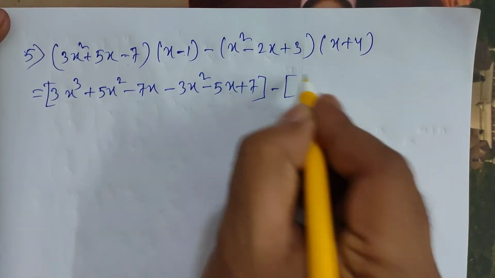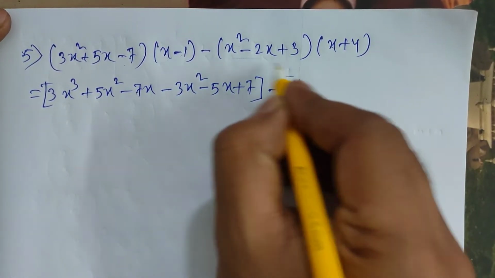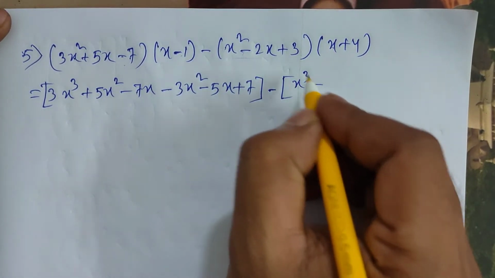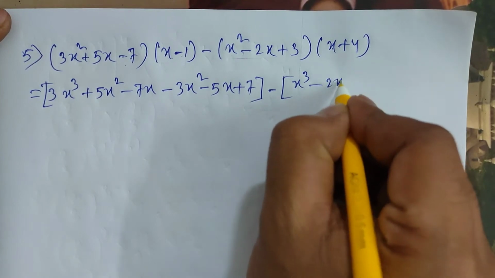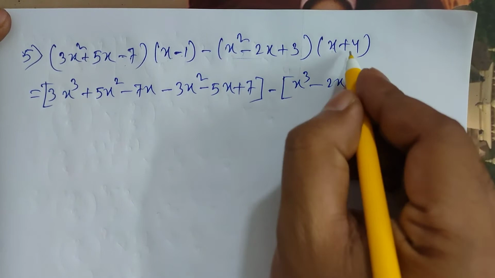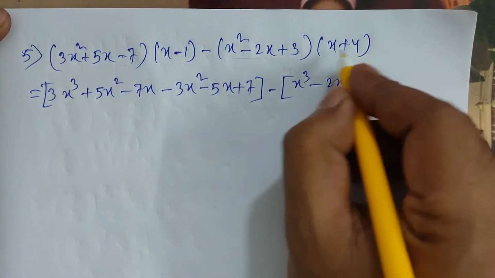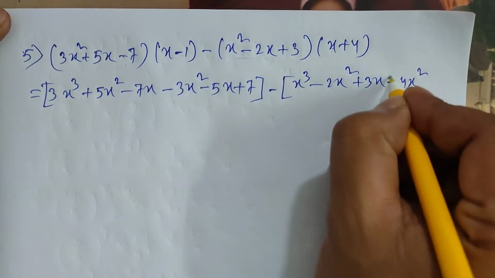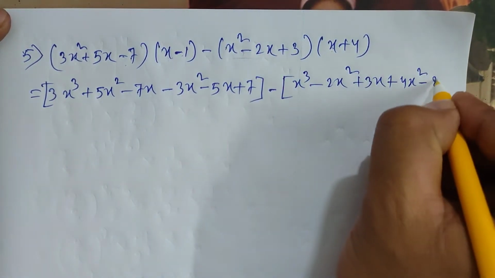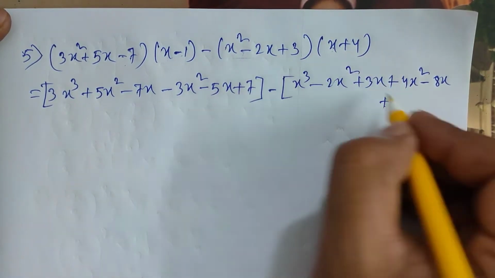Then minus again another one, we need to multiply x by this full term, so x square multiply x is x cube, minus and plus, here is a minus 2x into x, that means 2x square, and plus 3x. Then plus 4, that means we need to multiply plus 4 by the full term, so plus 4x square, then plus and minus it will be minus 4 twos are 8x, plus and plus it will be positive, 4 threes are 12.